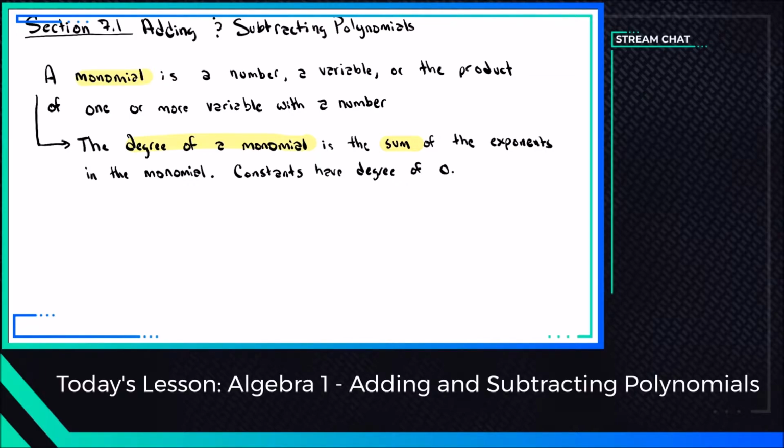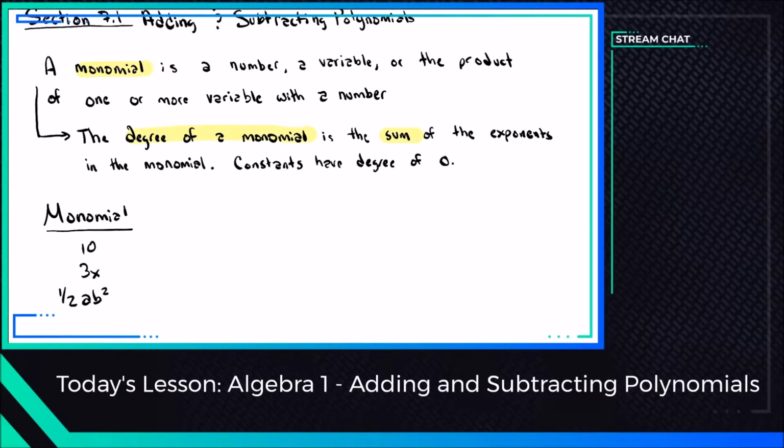So I'm going to give you some examples now of what a monomial could be. Here's what a monomial can look like. It could be the number 10. 10's a monomial. It can be the term 3x, because that's a product of one variable and a number. We can add some more variables: 1/2 a multiplied by b squared.